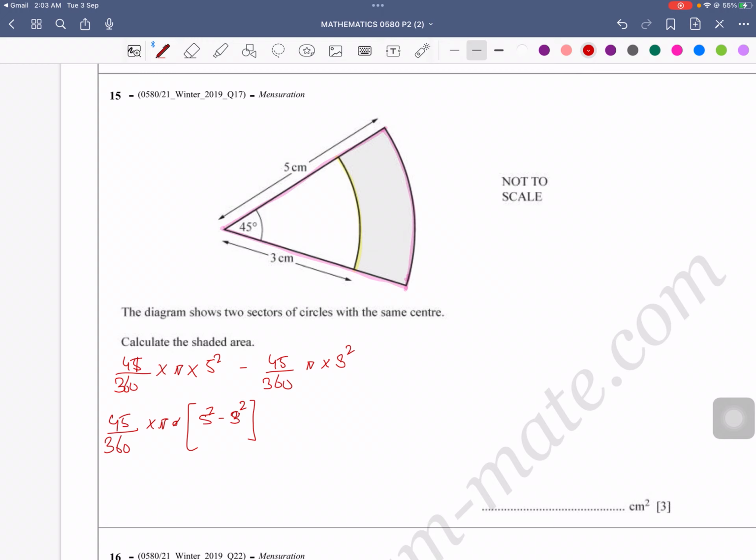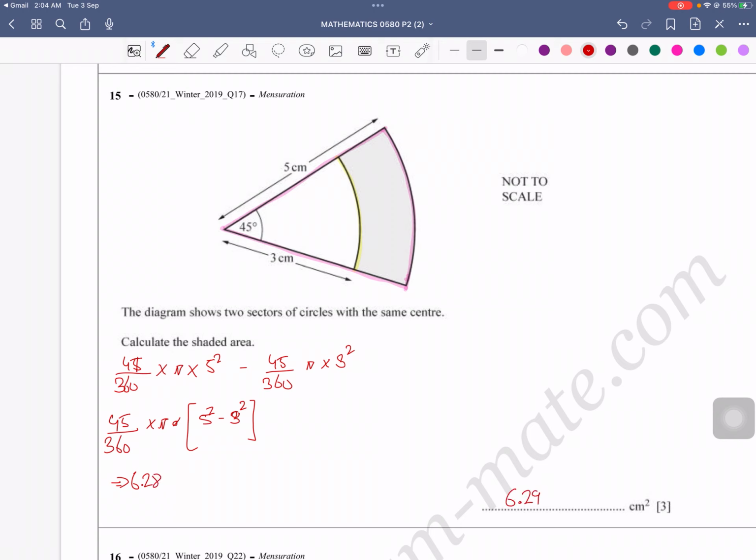This is the easiest way to do this kind of question, because the area difference depends only on the radius, you can just find the difference of squared radii, multiply, and get done with the question. This would be equal to 6.28.